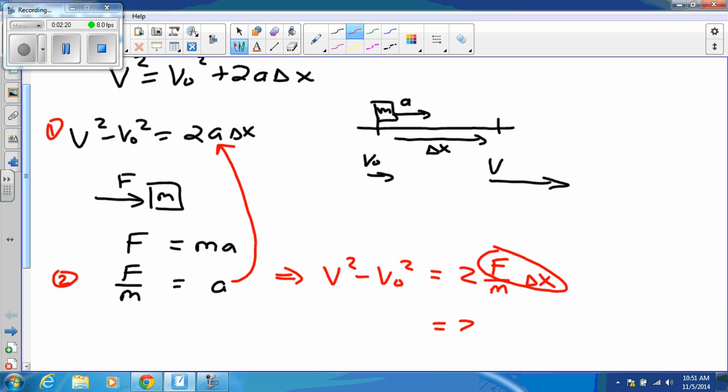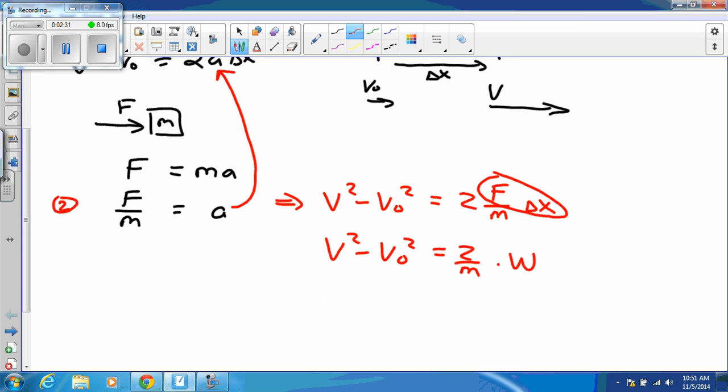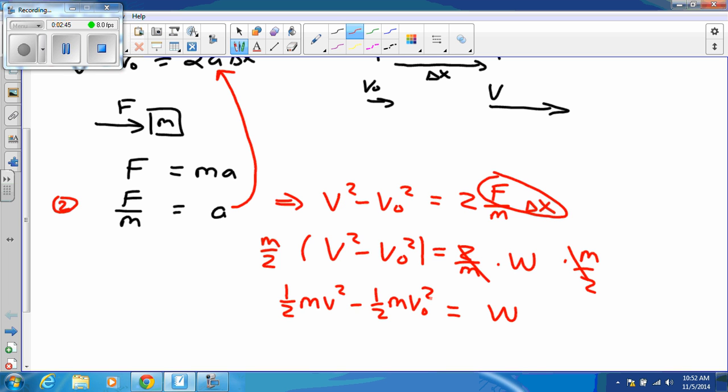So I can rewrite this as 2 over m times the work, or if I want to clean it up, multiplying both sides by m over 2, these cancel out, and I get work is equal to 1/2 mass times v squared minus 1/2 mass times v0 squared.